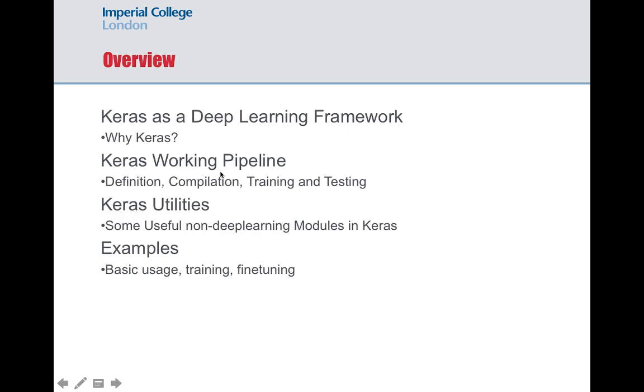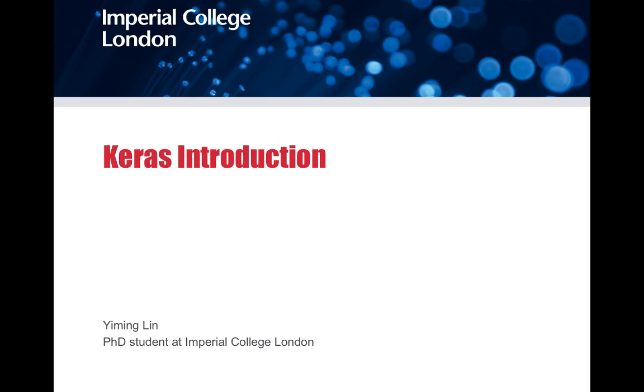Okay, let's continue. So, today I want to talk about Keras. Keras is a very useful deep learning library for prototyping. As a researcher, the most important thing for you is to implement your algorithms fast enough so that you can publish the paper ahead of other researchers.